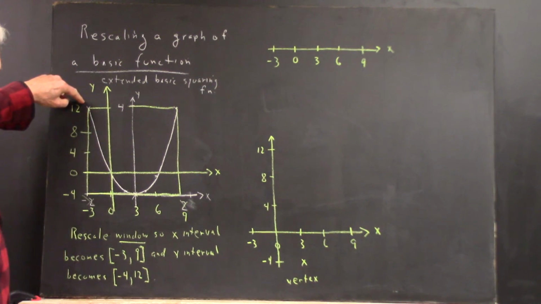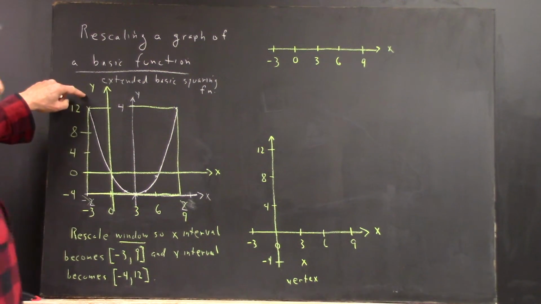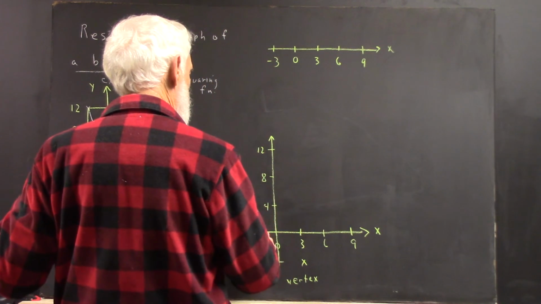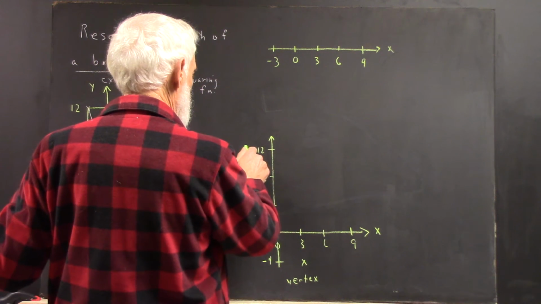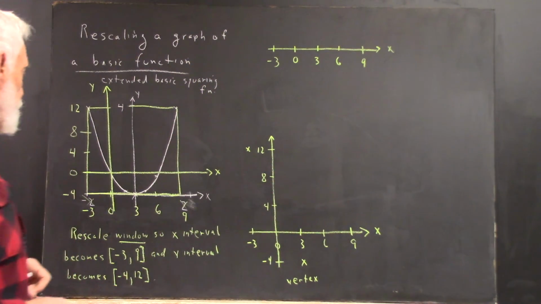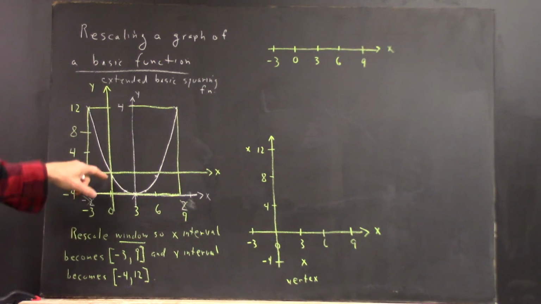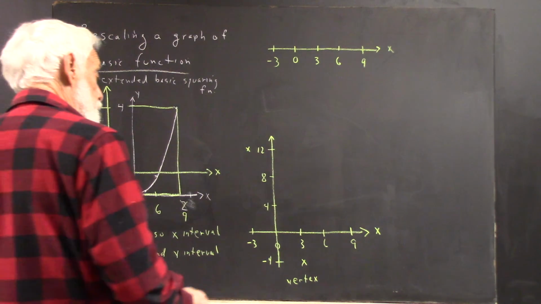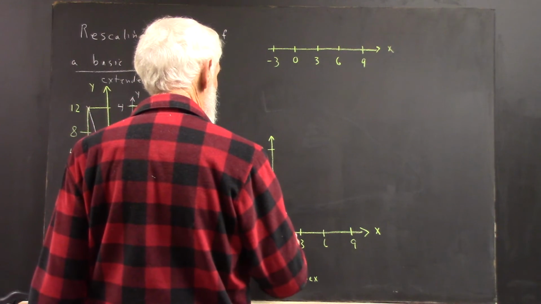Graph goes through the point negative 3, 12. So negative 3 is here, 12 is here. The y-intercept here is the origin. So I got the point through the origin.